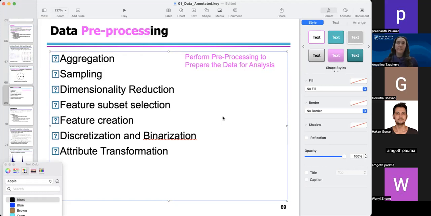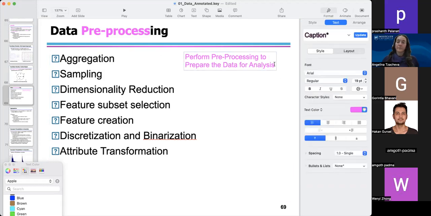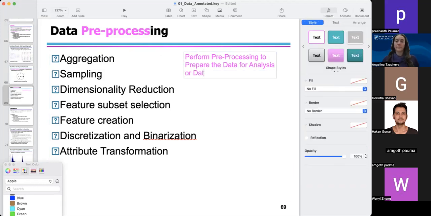The pre-processing maybe takes 60 or 70% of our time, and the actual analysis would only take like 30%, because the data has to be very well prepared for mining or analysis in order to obtain meaningful results.